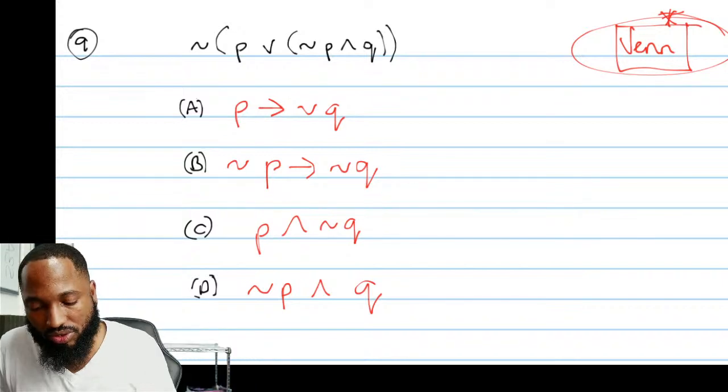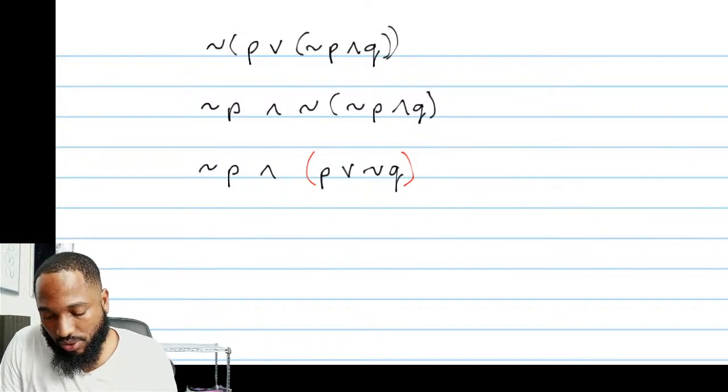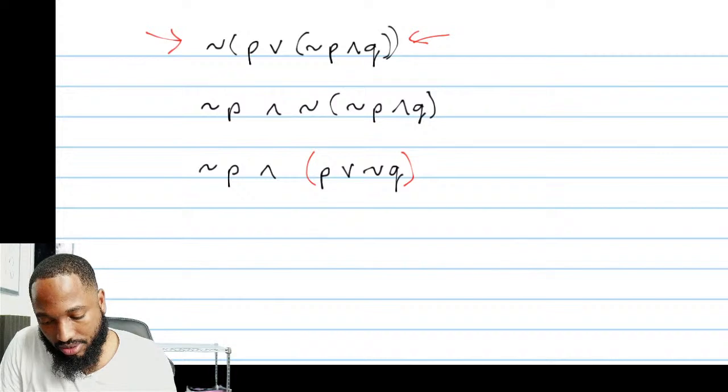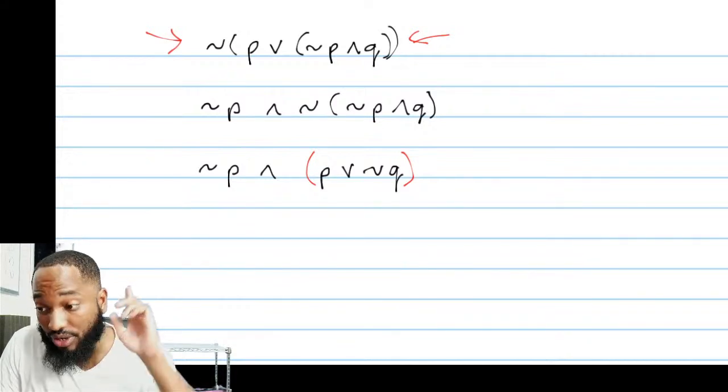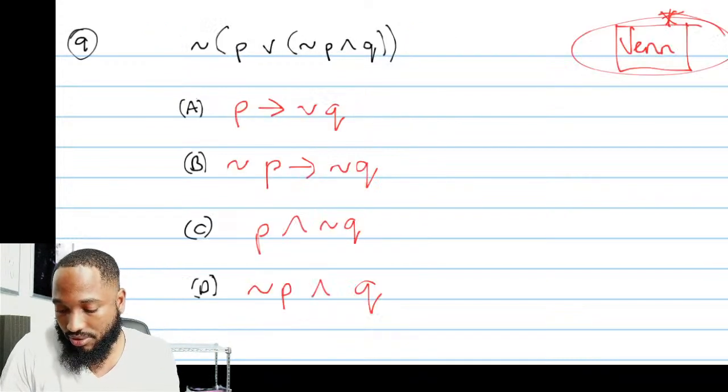Alright, so let me break it down. I already started. You have the not P or thing. This is the question here. And we know De Morgan's law. So that's the first law we're going to use to jump out.